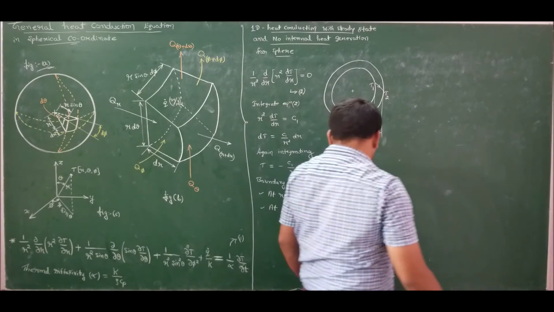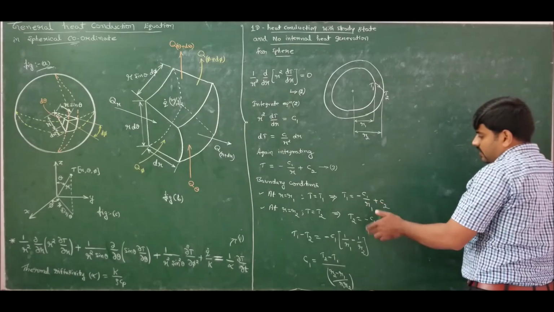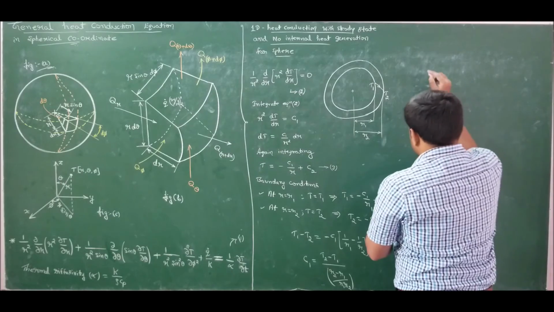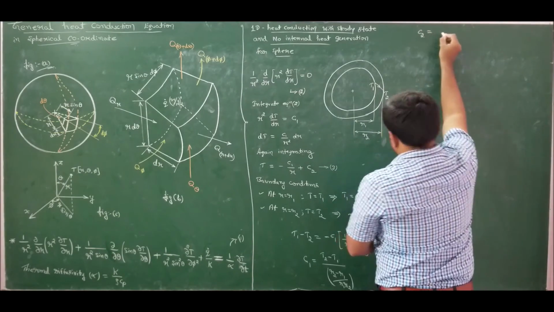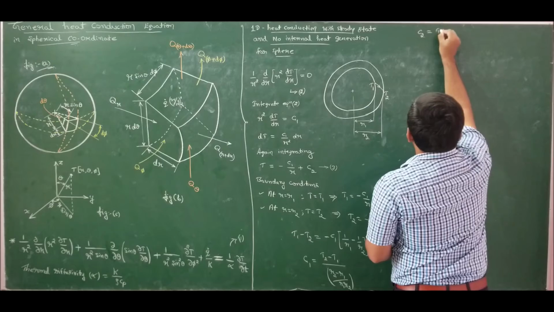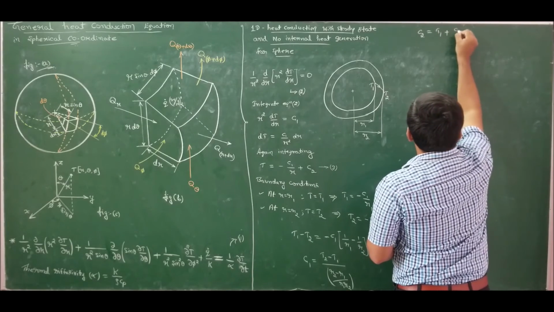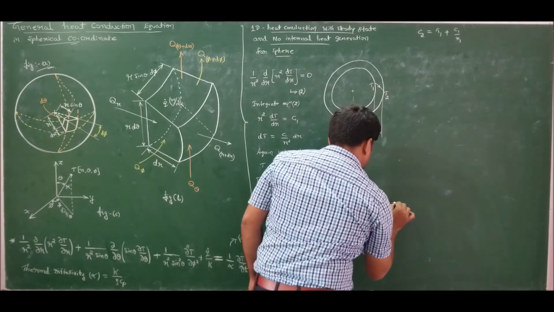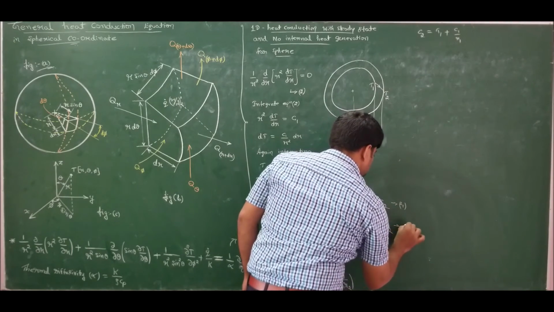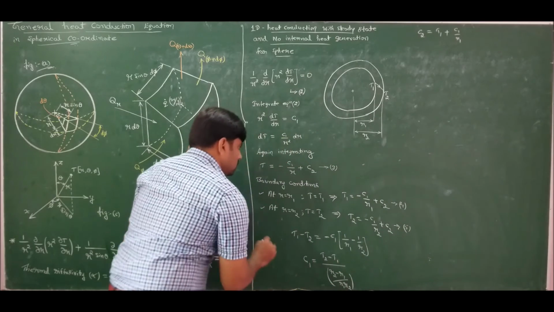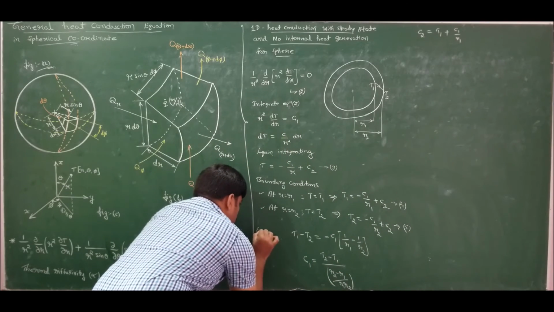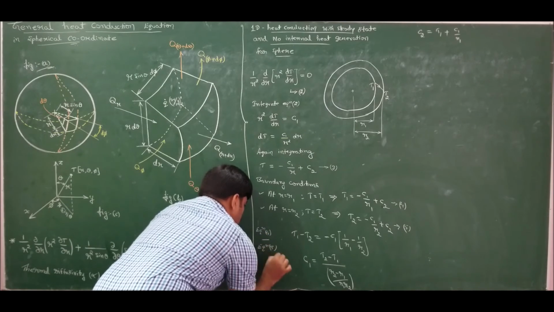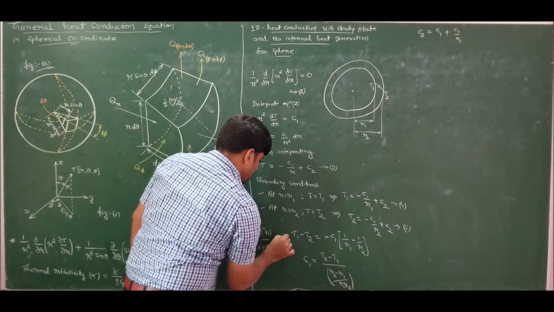Now substitute the value of C1 in any one of these two equations to find the value of C2. Let me substitute in the first equation. So therefore, I will get the value of C2 as T1 plus C1 by R1. Let me take this as equation 4, this as equation 5; equation 4 minus equation 5 yields this.